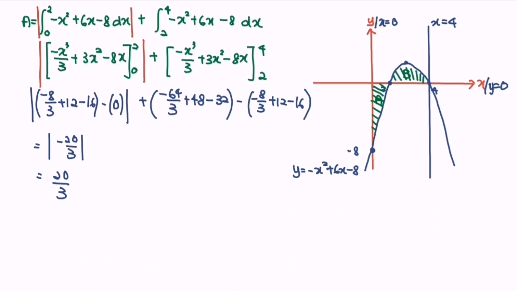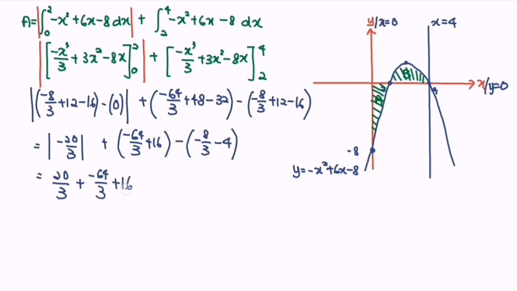Simplify the situation and we will have negative 64 over 3 plus 16 minus bracket negative 8 over 3 minus 4. Next, simplify the situation: plus negative 64 over 3 plus 16 plus 8 over 3 plus 4.